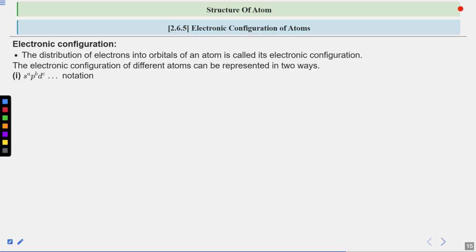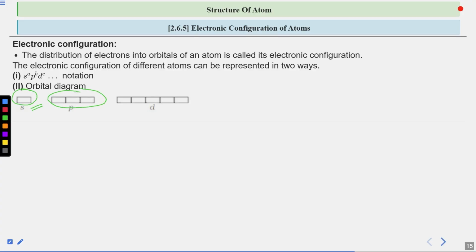First is that we can write it in this way. If it is s, just put a number here. So we have taken it as a, b, c. You can take numbers instead of this. The second way is the use of an orbital diagram. So you take orbitals in the shape of these boxes and fill electrons in these boxes.